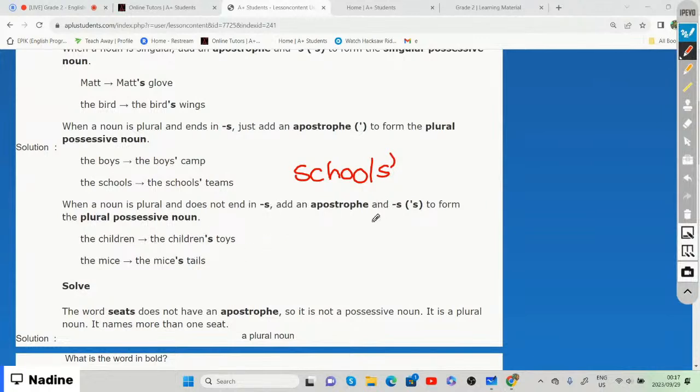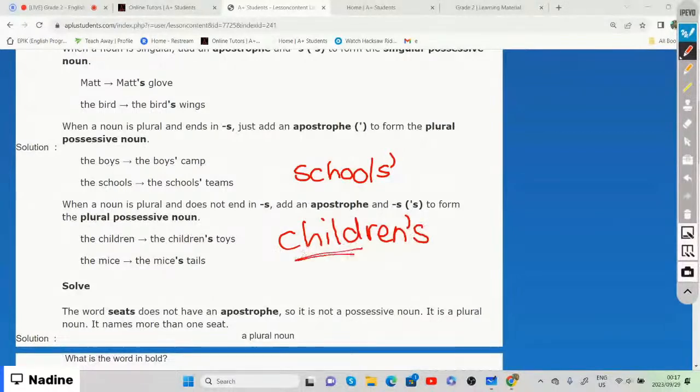So we basically just add the apostrophe only when the plural ends in an S. But if the plural does not end in an S, then we put the apostrophe and S. Like, for example, children, right? The children's toys. So we put the apostrophe and S.